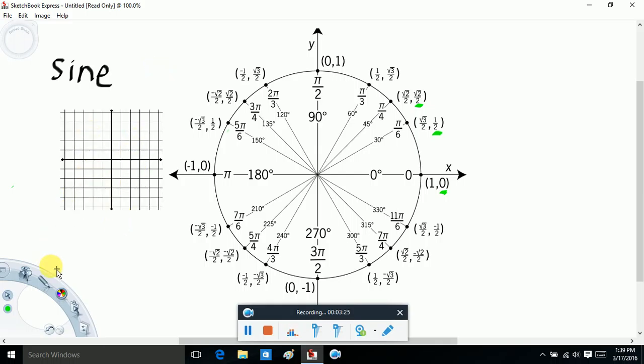So let's label the graph. So each of these intervals, this right here is 0. This is pi, and then this right here is 2 pi.